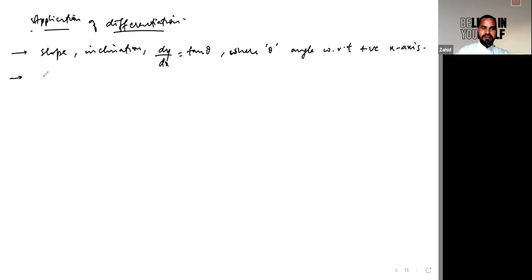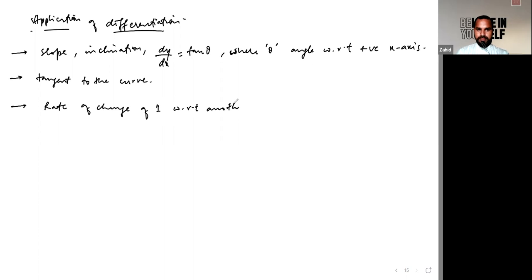Next one is, it defines the tangent to the curve at any point. Next, it will define the rate of change of one quantity with respect to another.